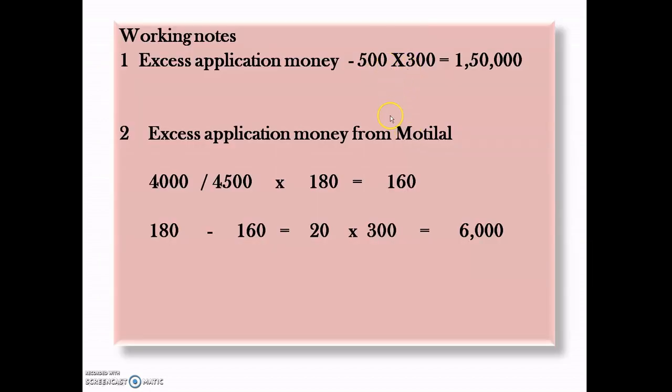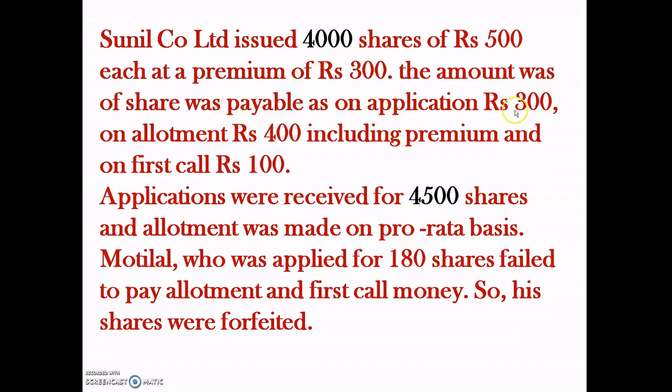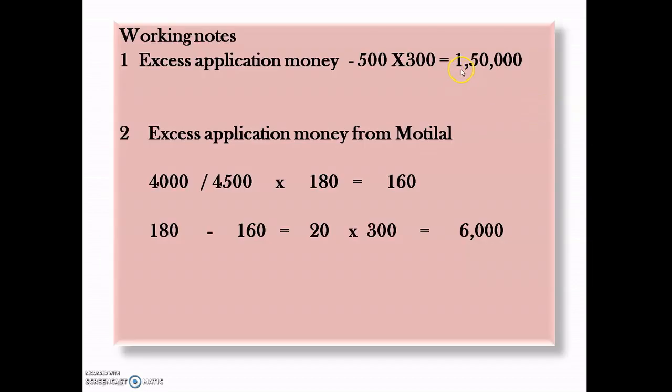Application money per share is given as 300. Multiply 500 with 300, it will come 1,50,000. Means the excess application money received by the company is 1,50,000.